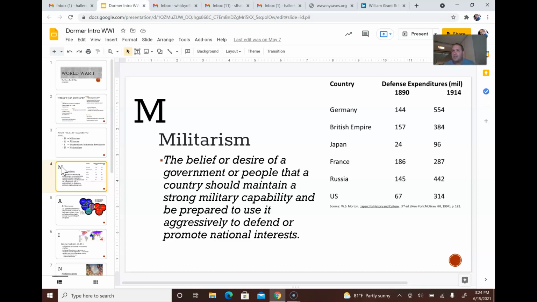So you can see just a massive increase. Britain expends theirs 2.5 times, Japan about 4 times. And the U.S. obviously expands even probably the most of all, right, with nearly 5 times. So you can see that the expenditure for military is going way up.